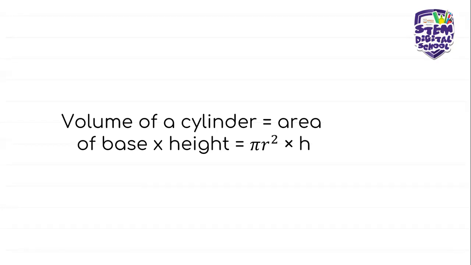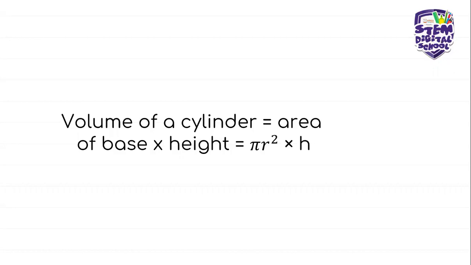And once you know the base, then you can calculate the area of the base. In the case of a cylinder, we know that the base is a circle. In the case of a triangular prism, the base is a triangle. In the case of a rectangular prism, the base is a rectangle.